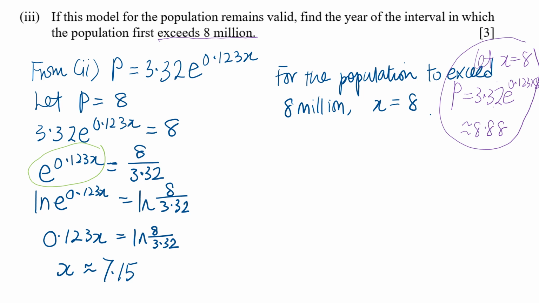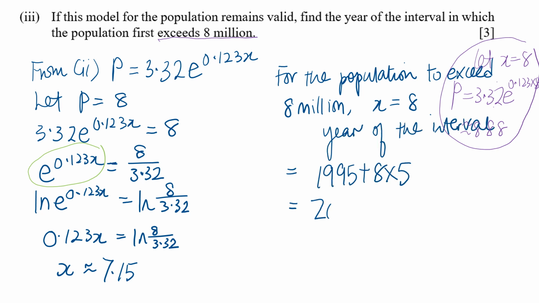Right, but remember your values of x are intervals of 5 years. So what you need to do is take x times 5, then add to your first year, which is 1995. Okay, and that gives you 2035. So in the year 2035, your population will first exceed 8 million.